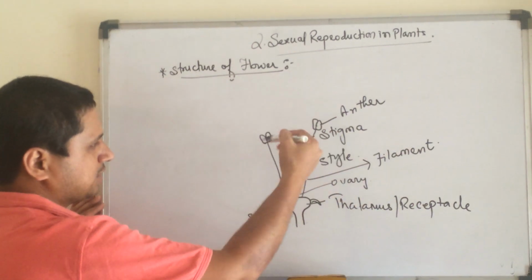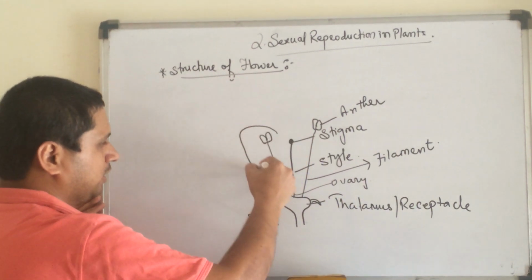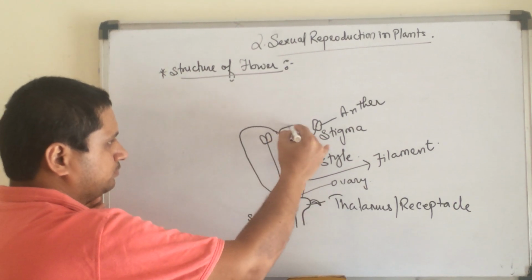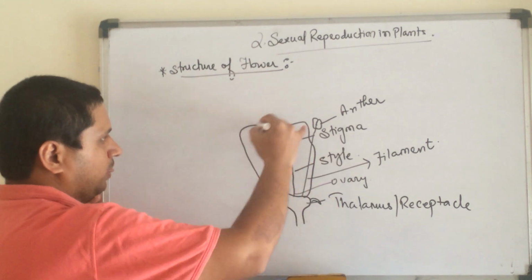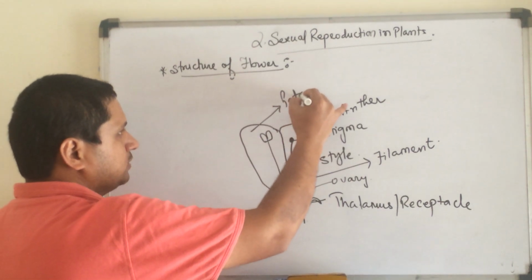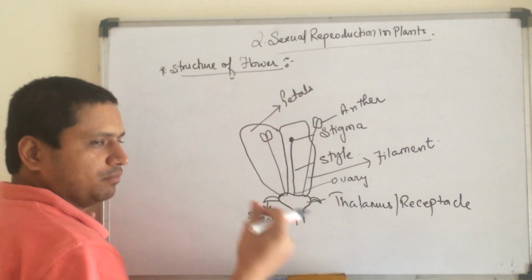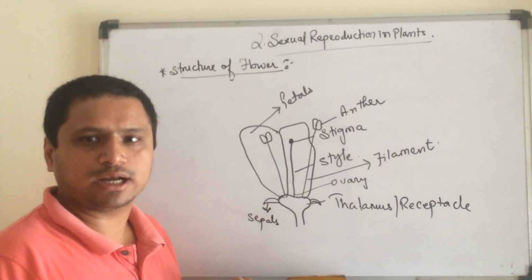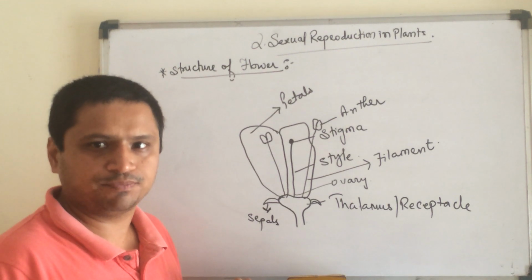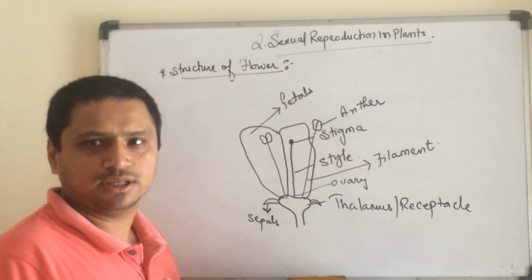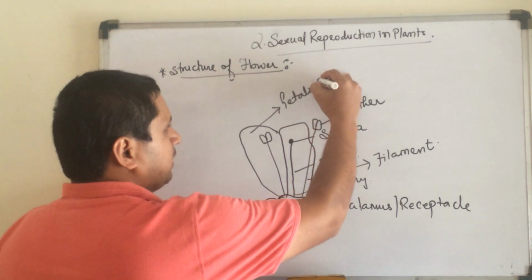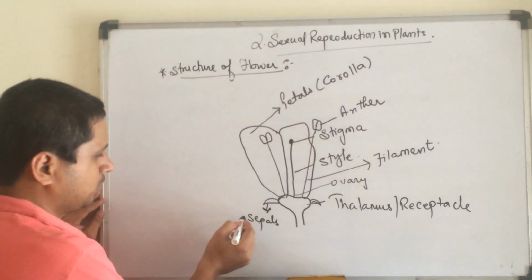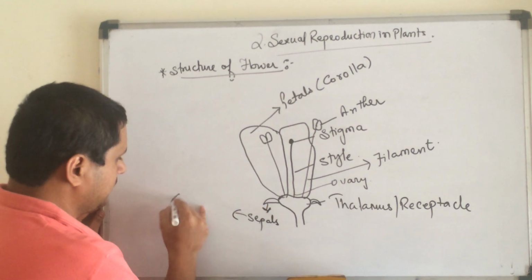Now covering this are the petals. They are bright colored structures which help in attracting insects for pollination, that is honeybees, butterflies and all the other animals. So petals unite to form the what, children? Corolla. And the sepals unite to form the what, children? That is the calyx.